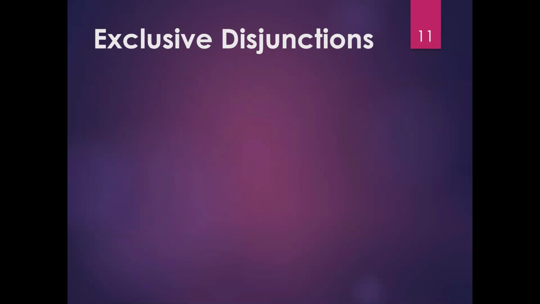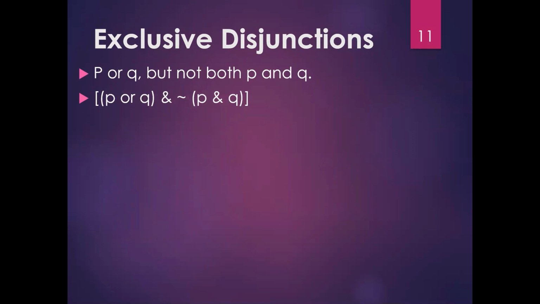The implication there is an exclusive disjunction is being considered. So this would be P or Q, but not both P and Q. And we can symbolize this in this way. We have the first disjunct, P or Q, and it's not the case that P and Q. So we're ruling out the conjunction being true.